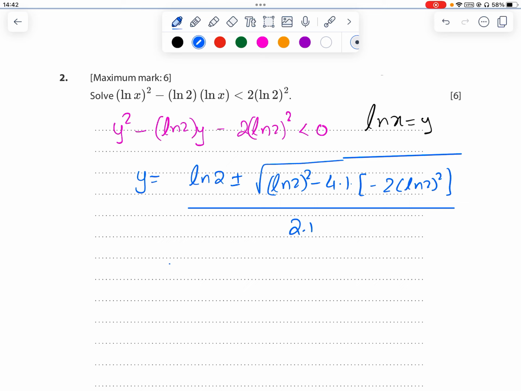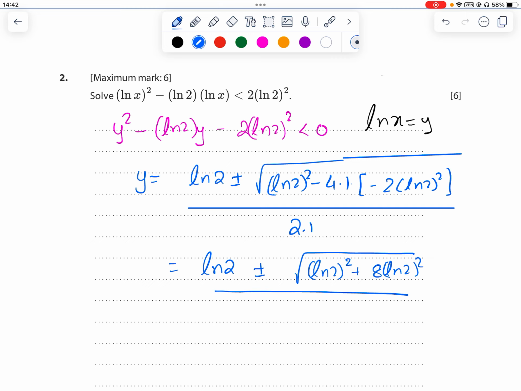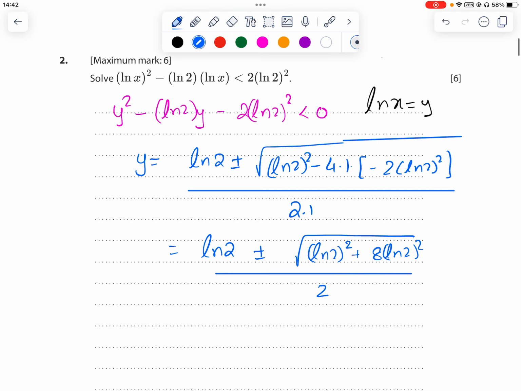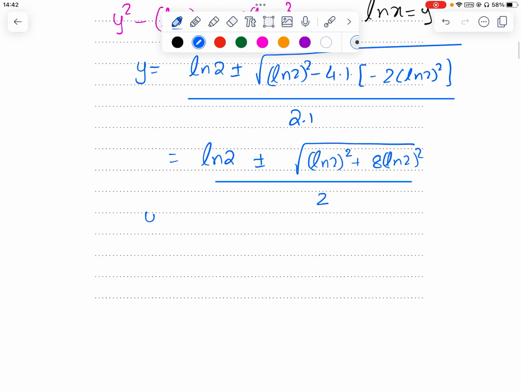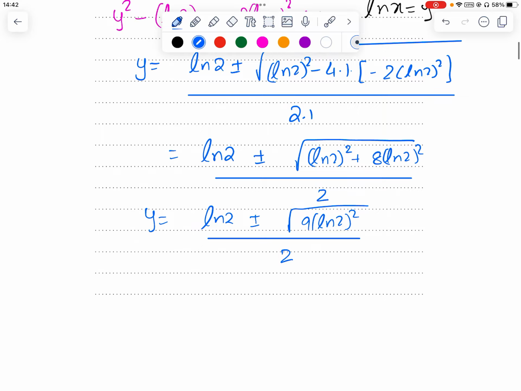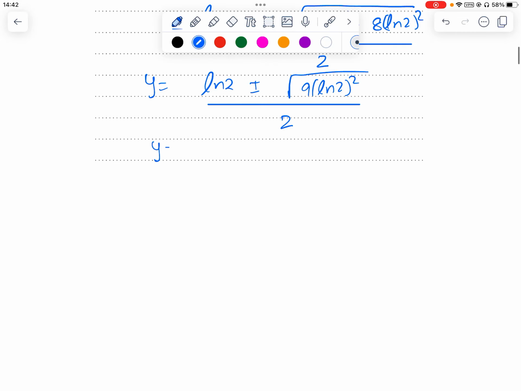So what does that become now? ln 2 plus or minus square root of (ln 2) squared plus 8 (ln 2) squared, divided by 2, which is 9 (ln 2) squared. So y equals ln 2 plus or minus square root of 9 (ln 2) squared, divided by 2. Square root of 9 (ln 2) squared is 3 ln 2. So y equals ln 2 plus or minus 3 ln 2, upon 2.